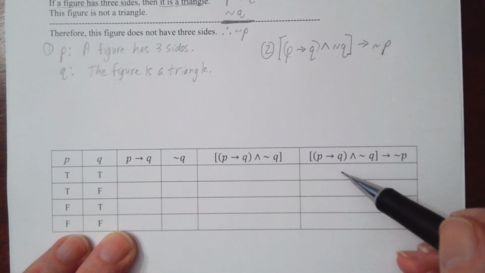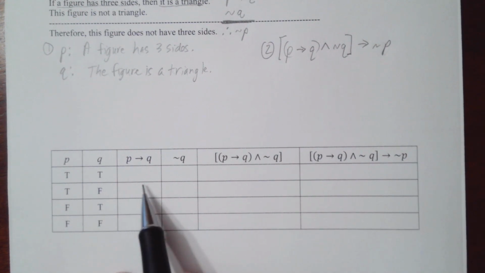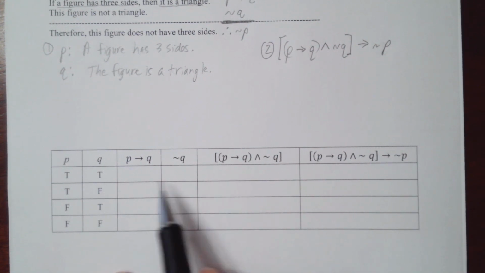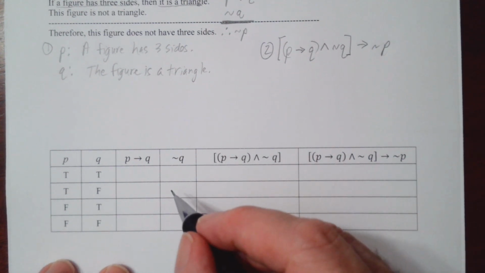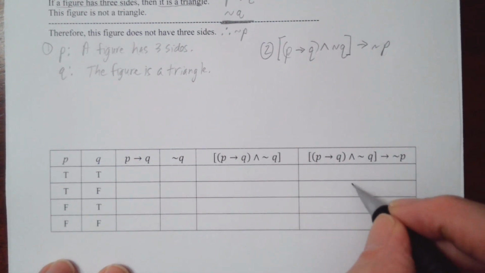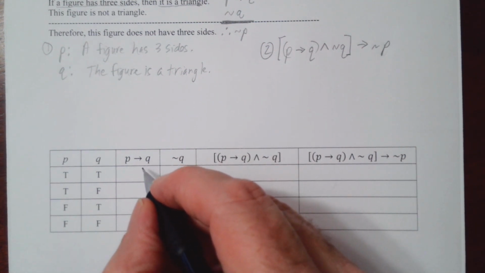So if you look at my truth table, this is our last statement. And basically these are all the pieces that you put together to form that statement. All right, so let's see if we get a tautology here. So we know P implies Q is only false if we have true false.